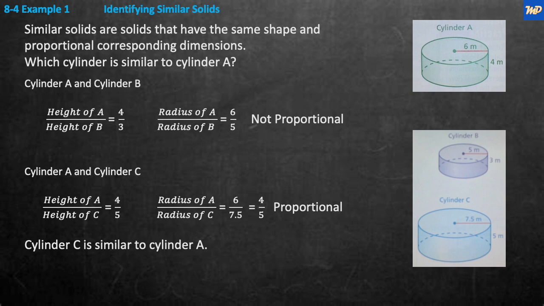Cylinder B has a 5-meter radius and 3-meter height, and cylinder C has a 7.5-meter radius and a 5-meter height. What they want us to find out is, are these similar solids?